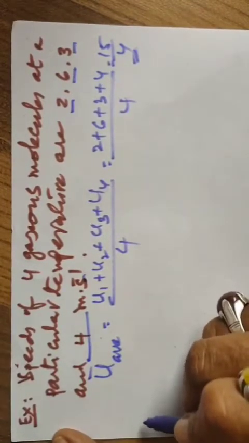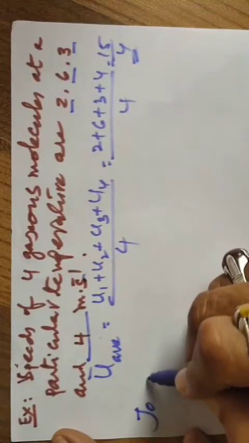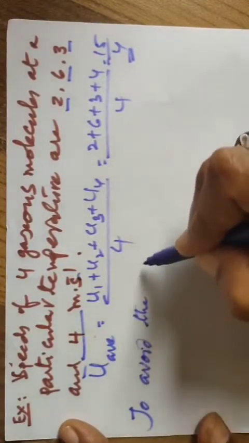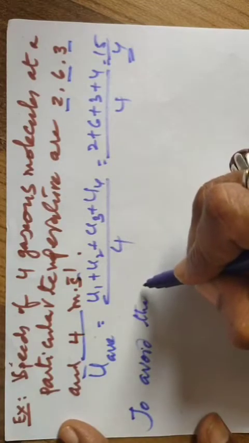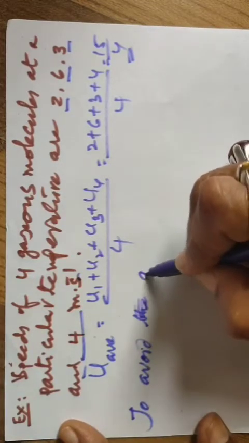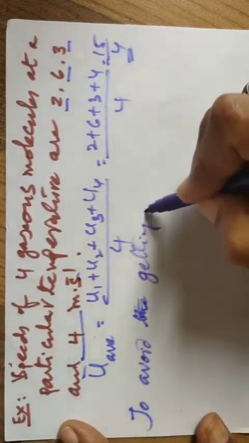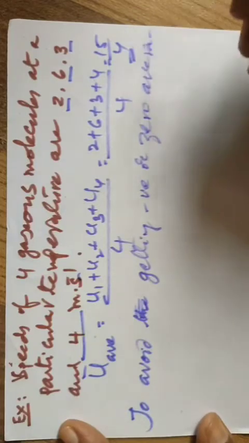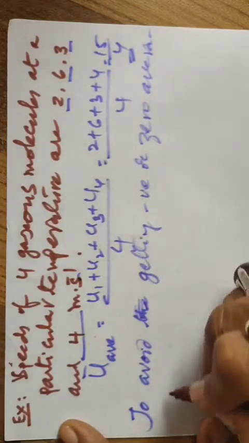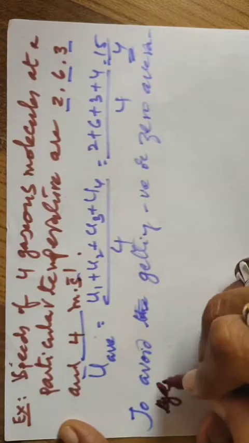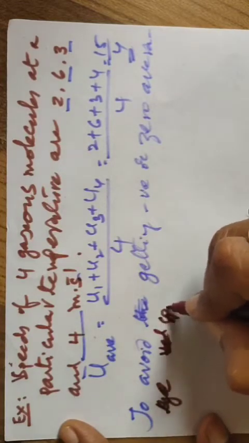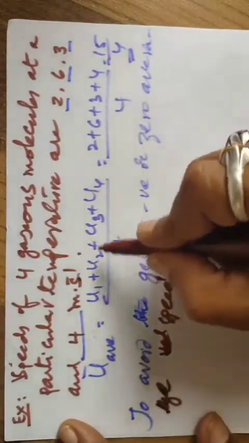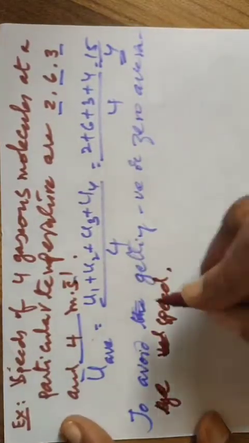To avoid getting negative or 0 average velocity, what we are going to do is square the velocities of the molecules.